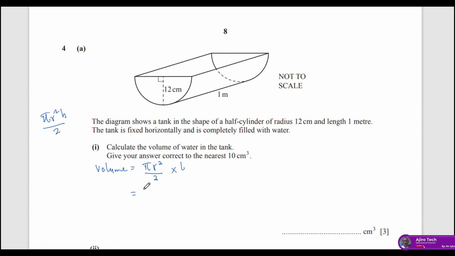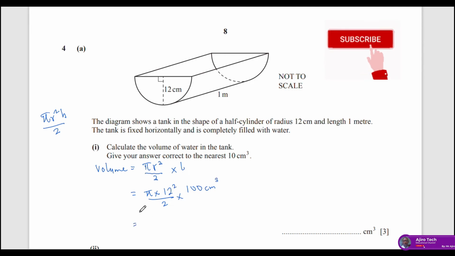Then pi times the radius, 12, squared, over 2, times 1 meter, which is 100 cm. If you do this, everything should be in cubes because there is cm squared here. So if you solve this, what will you get? Pi times 12 squared times 100 divided by 2.